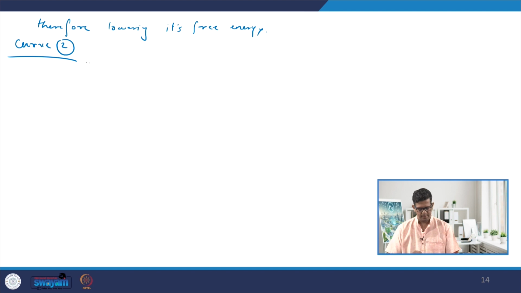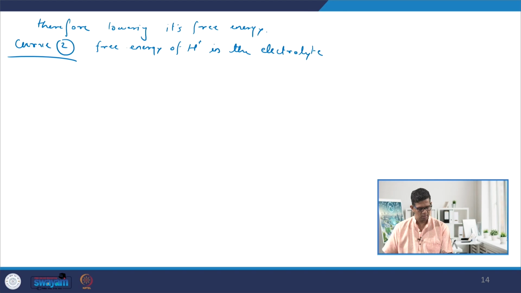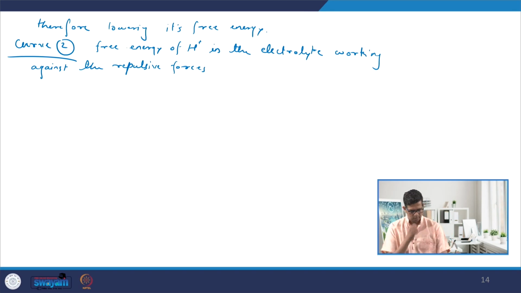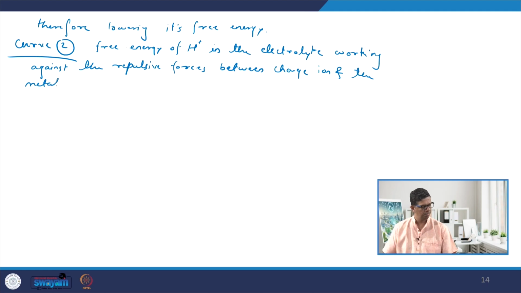Curve second: the free energy of protons in the electrolyte working against the repulsive forces between charged ion and the metal surface.